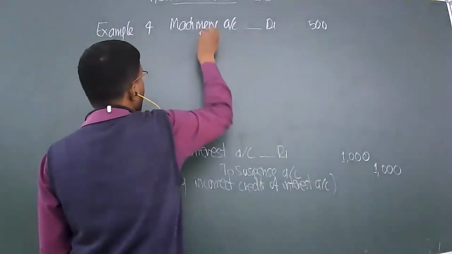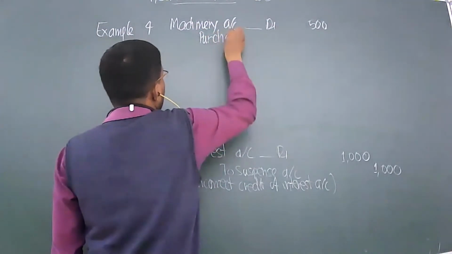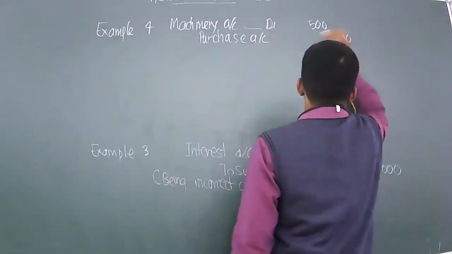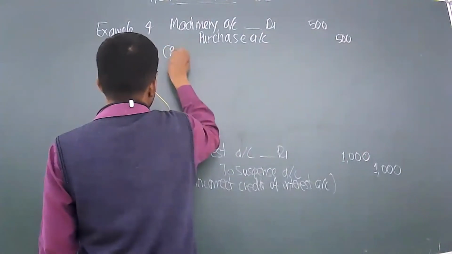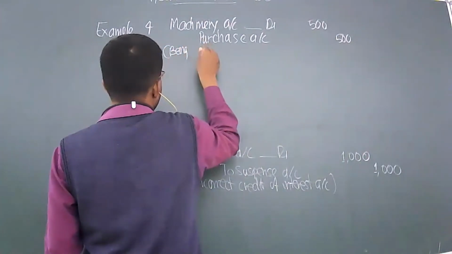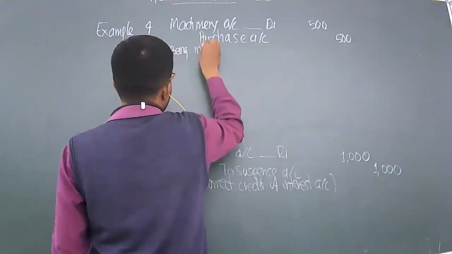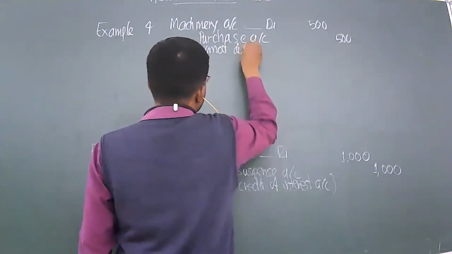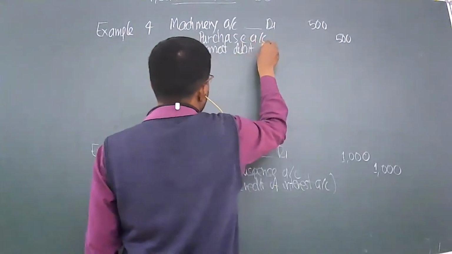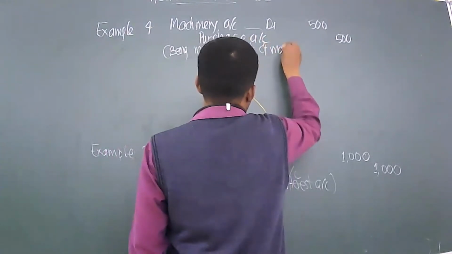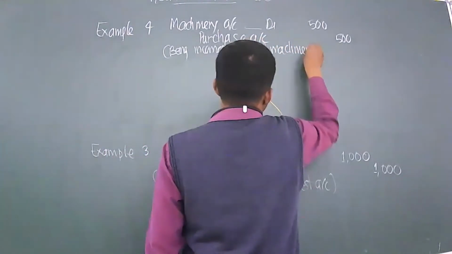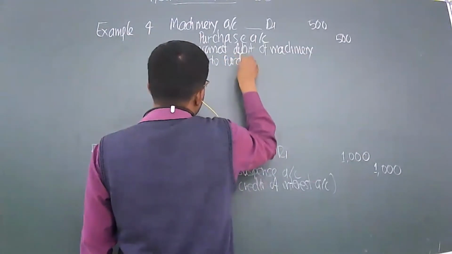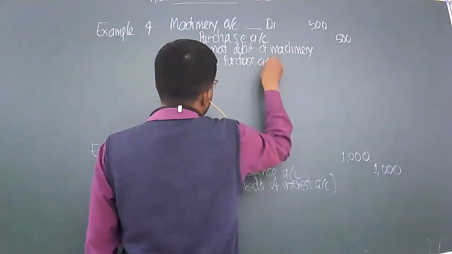Purchase account rupees 500, being incorrect debit of machinery to purchase.